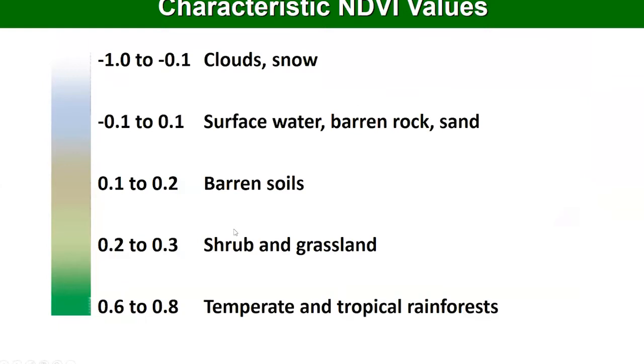So if you want to have some idea about NDVI, the minimum number for NDVI is clouds and snow, and the maximum is for dark green plants which cover all the ground.